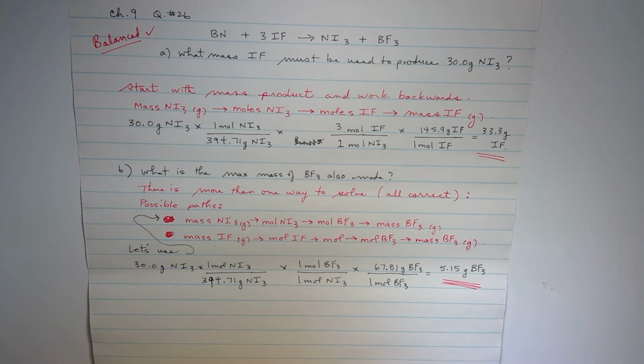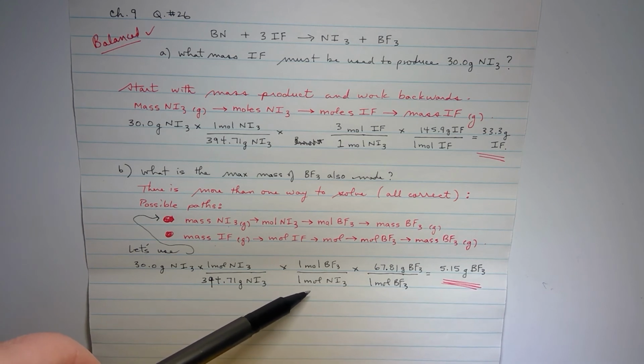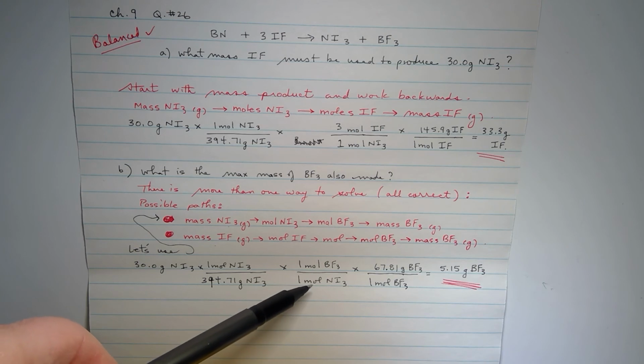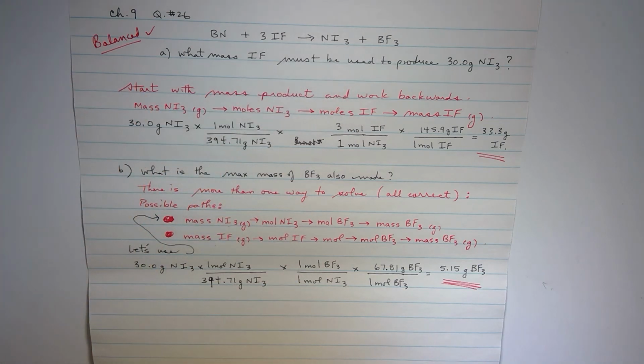We know that the conversion factor is a little bit different down here. 1 mole of BF3 is produced with each 1 mole of NI3 produced. So I can do 1-to-1 that way. That brings me to moles of BF3. Using a molar mass, 67.81 grams, I convert to a mass of BF3. So that's how we do that question.